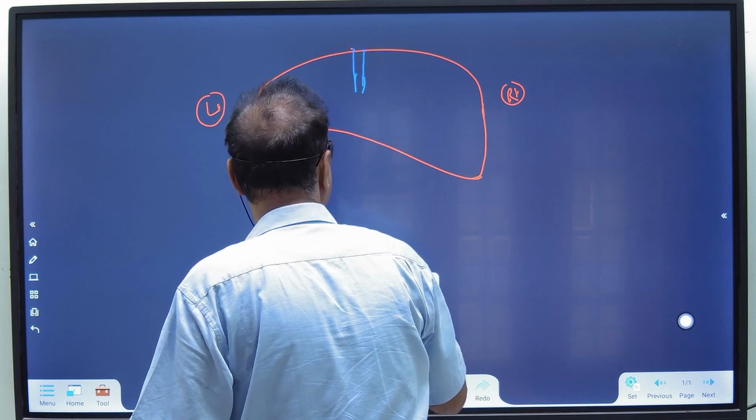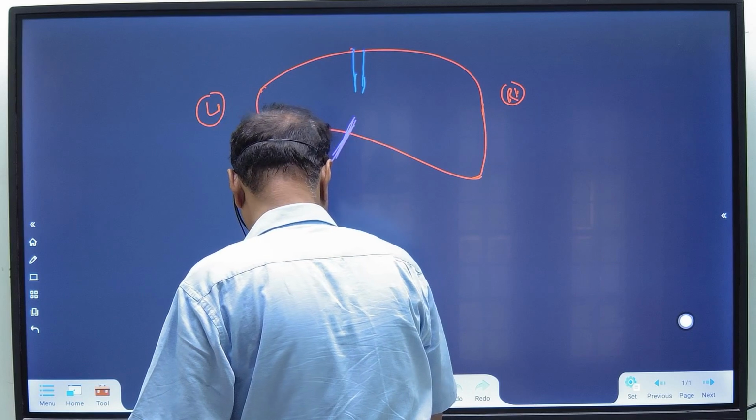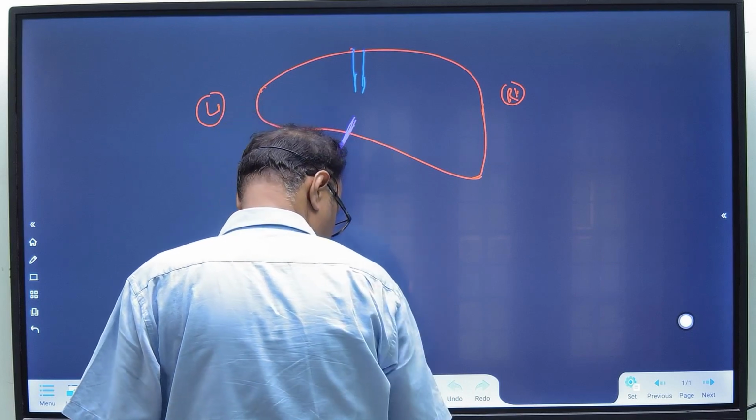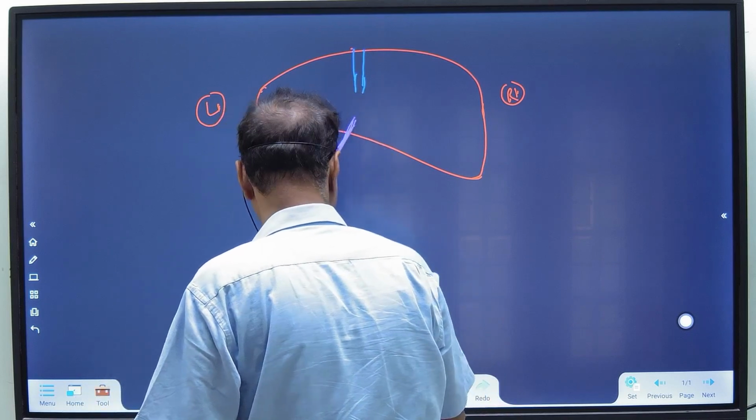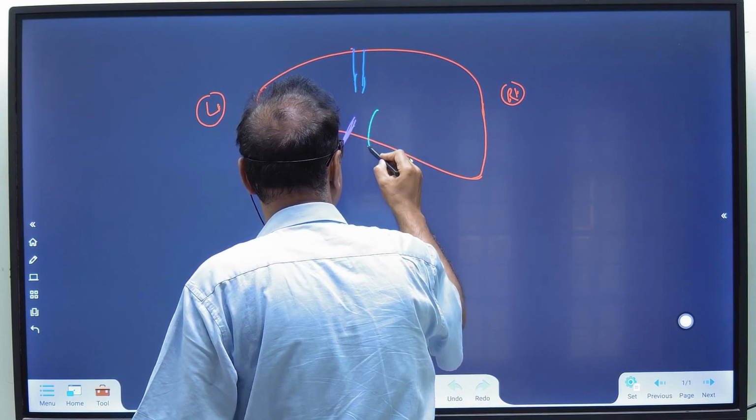We have got the porta hepatis over here. Then we have got the gallbladder.